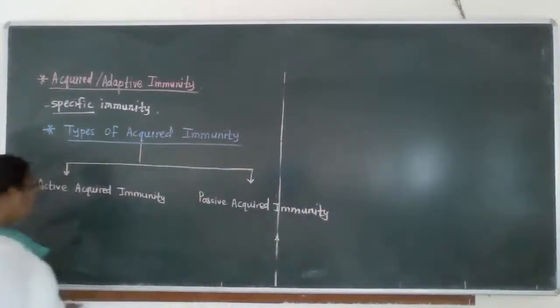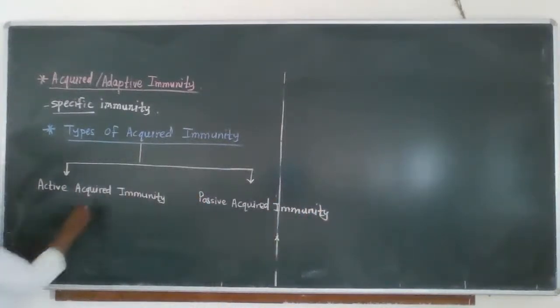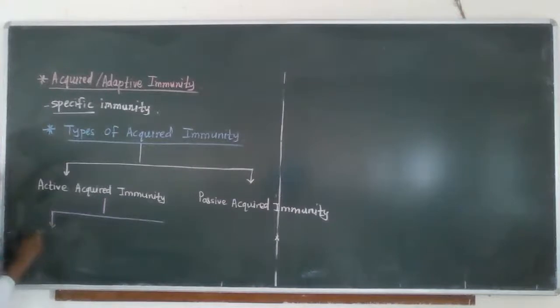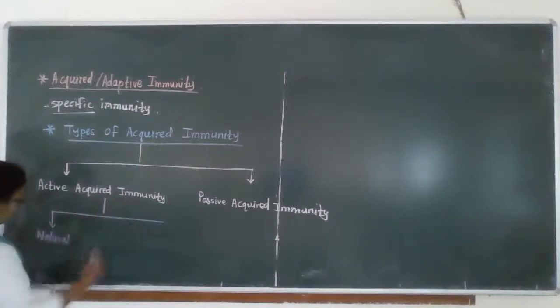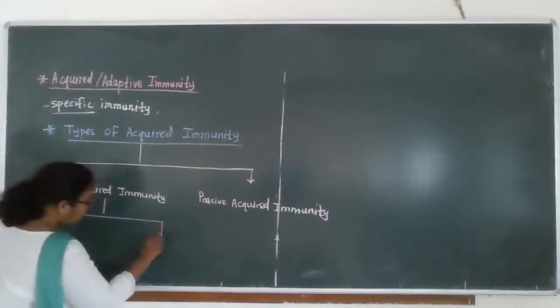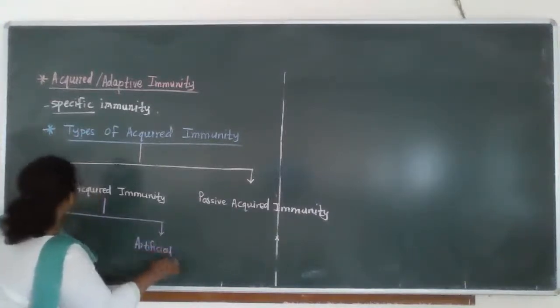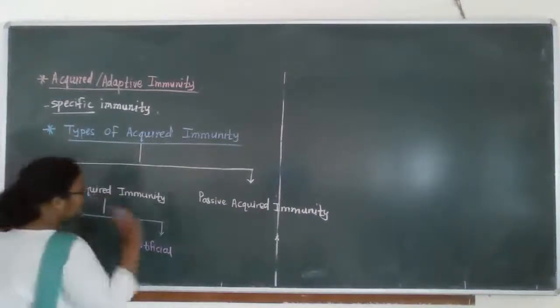Active acquired immunity is further grouped into two: natural and artificial. So we name them natural active acquired immunity and artificial active acquired immunity.